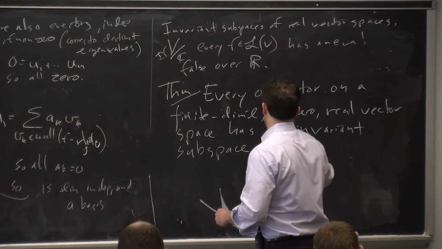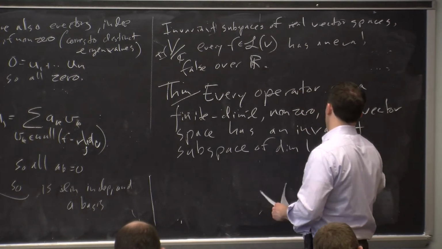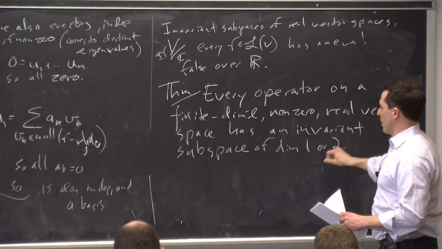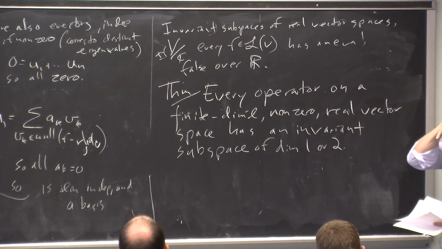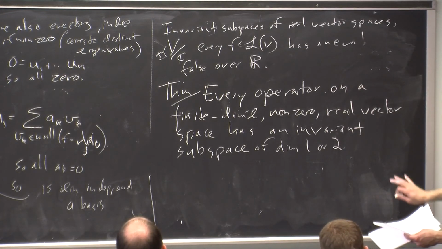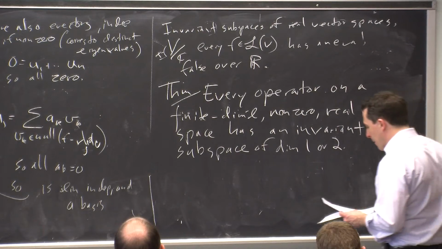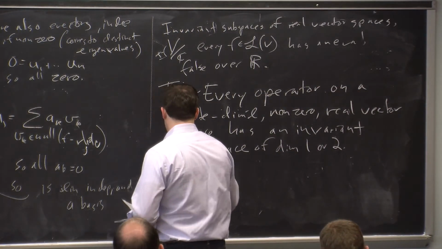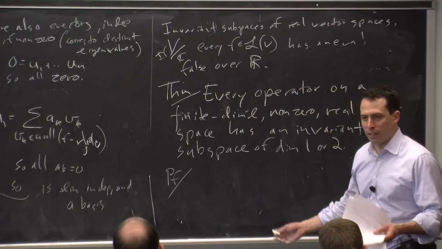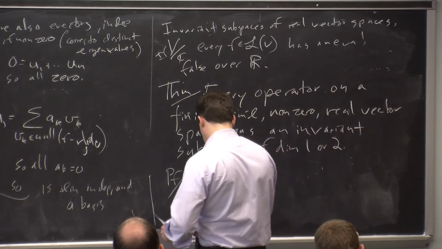And such an invariant subspace has dimension 1 or 2. So 1 if it's an honest eigenvalue, and 2 if it's one of these copies of something that moves every vector but at least fixes the space. And we want to proceed exactly as we did for the complex case. It's just we'll get a different answer because the factorization theorem is different.